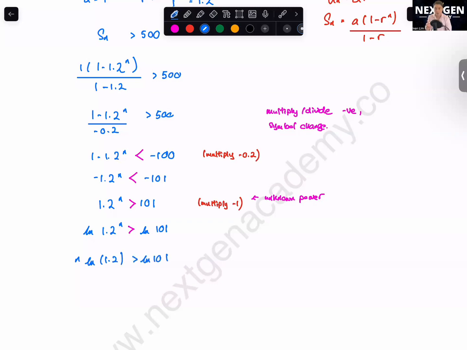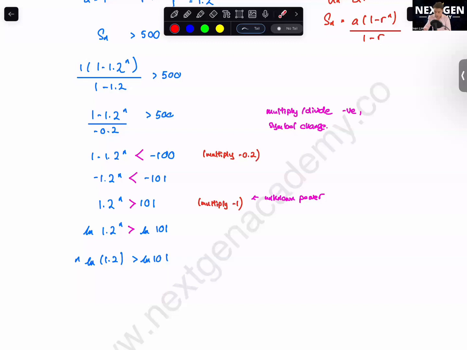Okay, another thing also when you all do inequalities and you all do log and ln, you have to check the values here, your ln 101 and ln 1.2, whether it's a negative value or not. It means individually. So type in the calculator, whether you do log or ln, 101 is 4.615, so positive. Ln 1.2, 0.182, also positive.